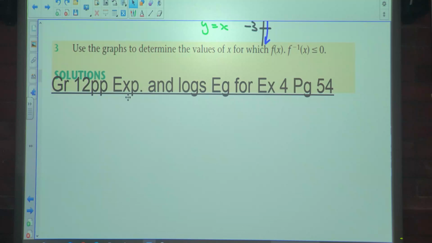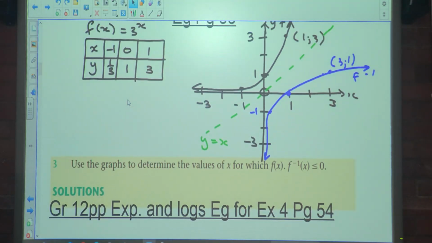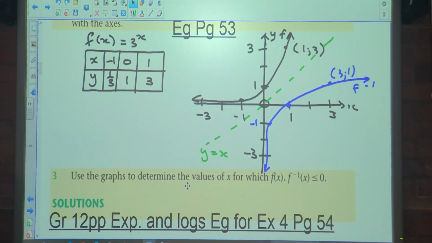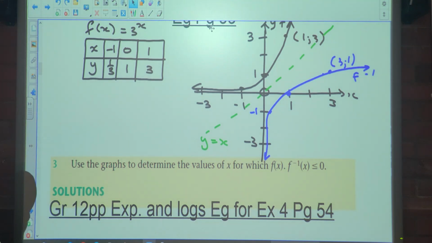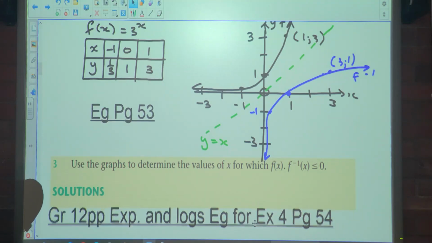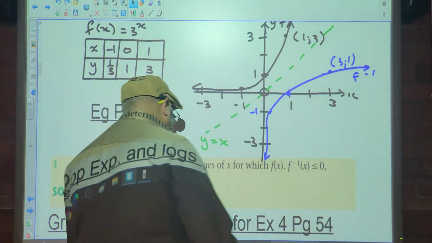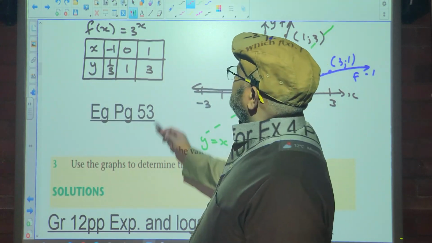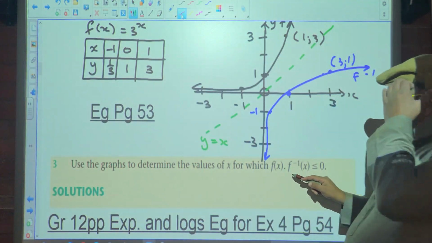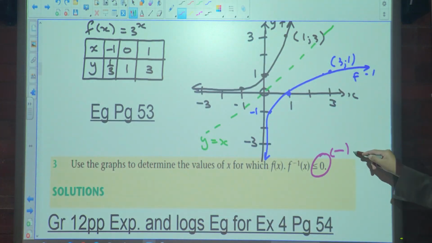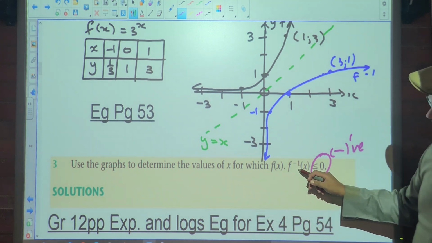In number 3 we are asked, use your graph, which is this here, to determine the values of x for which f of x times g of x is less than or equal to 0. People, what does less than or equal to 0 mean? It means it is negative. Under what condition, when we multiply two numbers, is it negative?